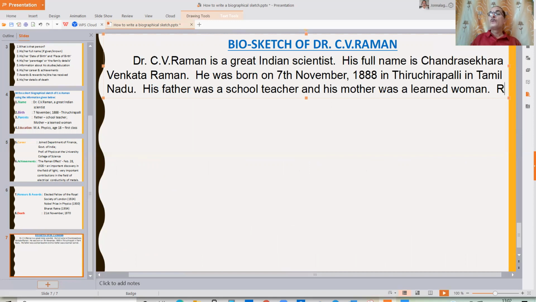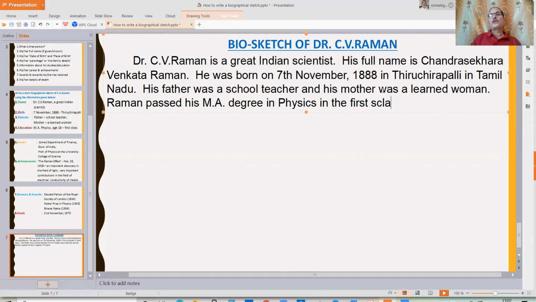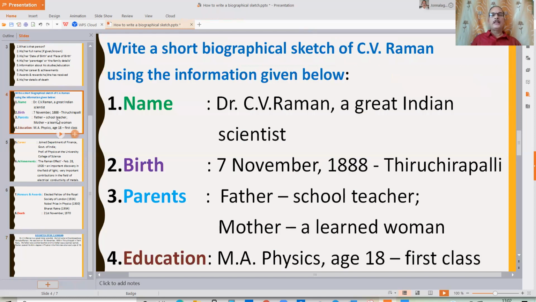That's why it is better to write the proper noun here, Raman instead of he. Raman passed his MA degree in Physics, in the first class, at the early age of 18. Now we have finished the details about his educational qualifications also.